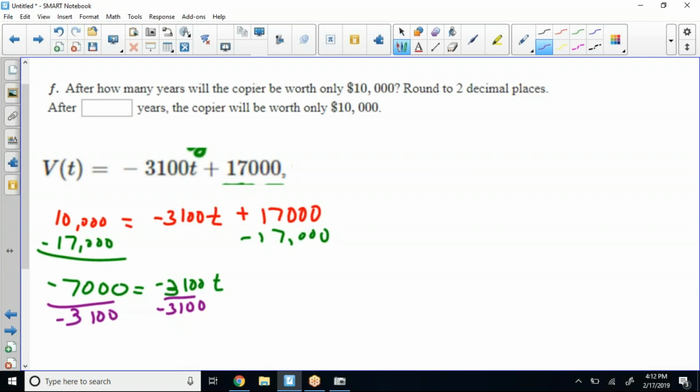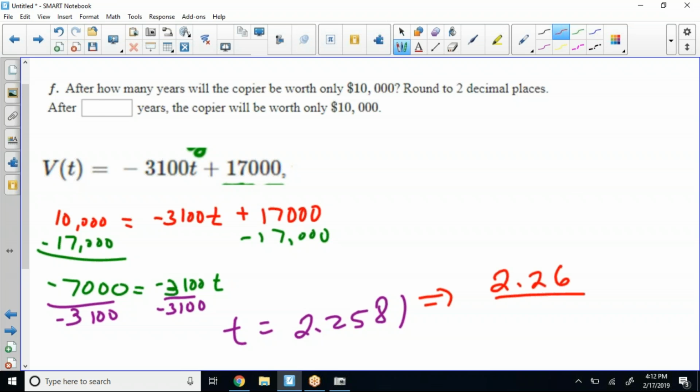Because those are two negatives, it gives me a positive, which is what I want anyway, because time is always positive. It said 2 decimal places. Well, I got time to equal 2.2581, and putting that in 2 decimal places, that's 2.26 years, right? Yeah.